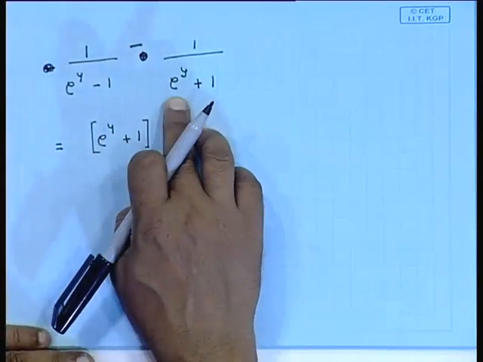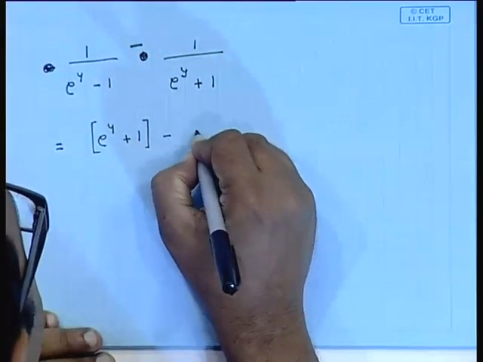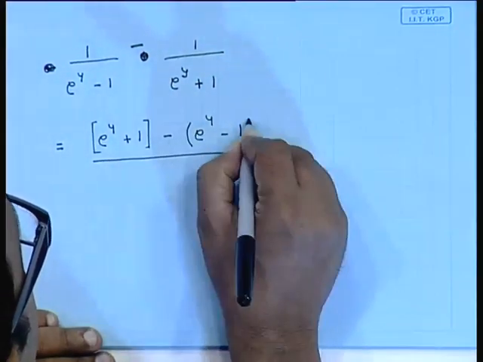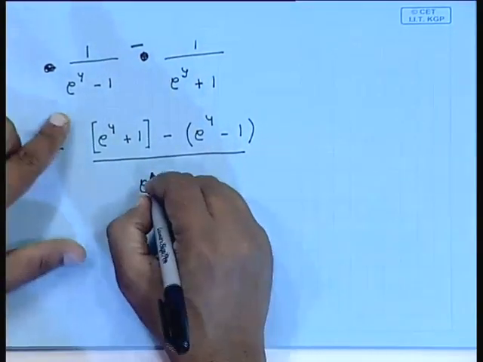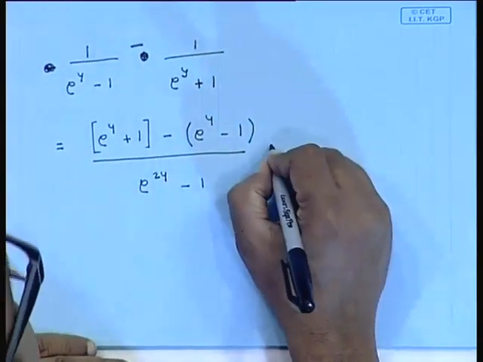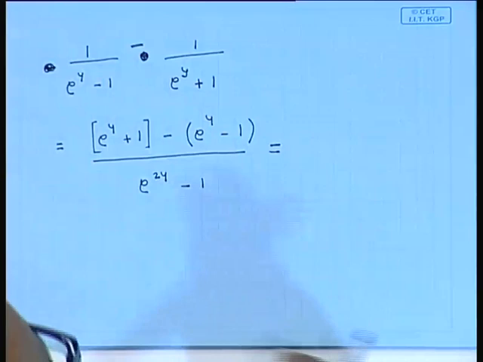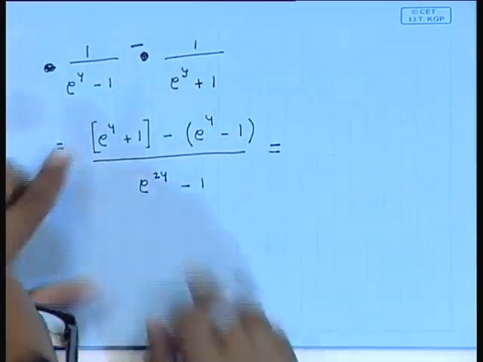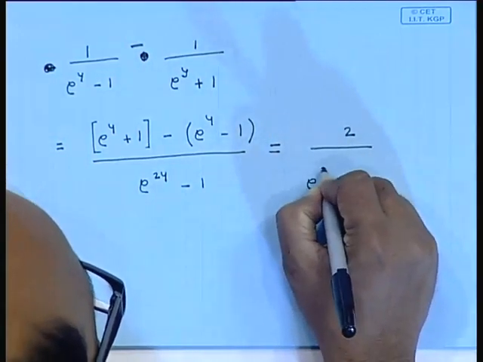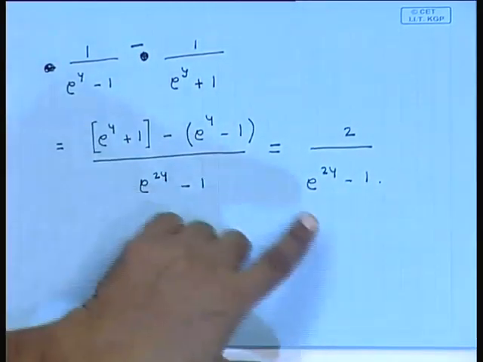So, this is equal to, I have to multiply this with e to the power y plus 1 and then minus e to the power y minus 1, the whole thing divided by e to the power 2y minus 1. This is equal to, then these two terms will cancel out. What I will have left is 2 by e to the power 2y minus 1, right. So, we have this identity.